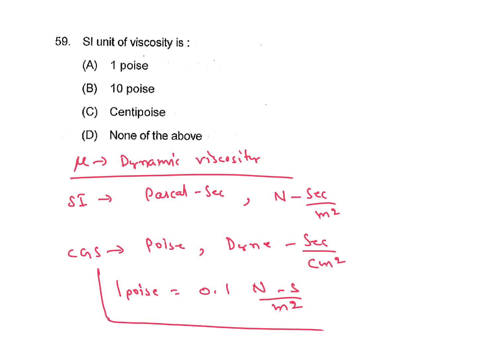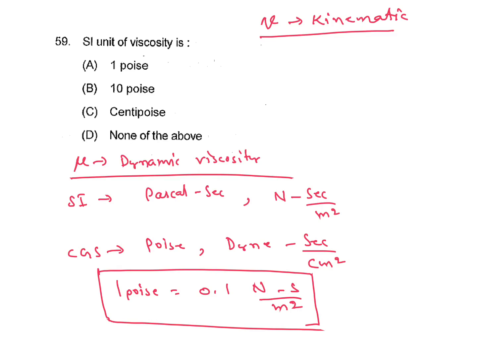And for kinematic viscosity, this is kinematic viscosity, mu by rho. This is also important. SI unit is meter square per second.